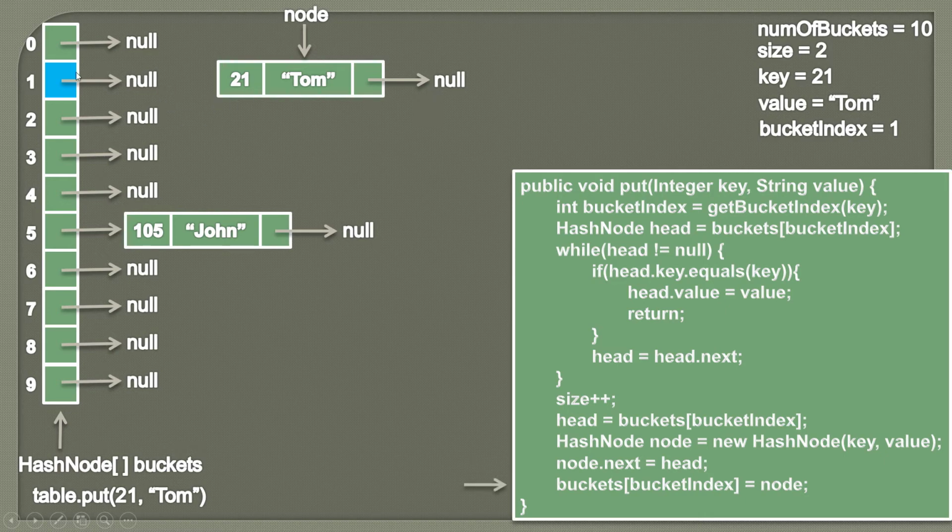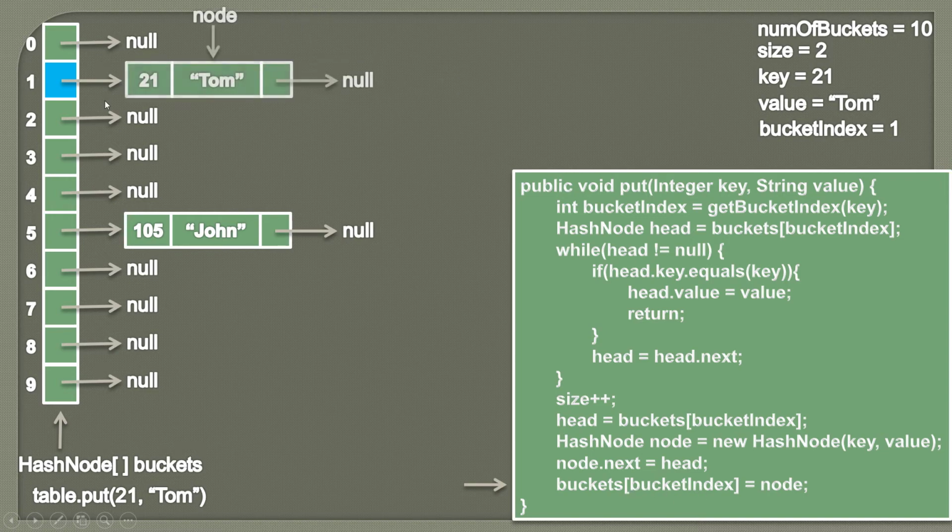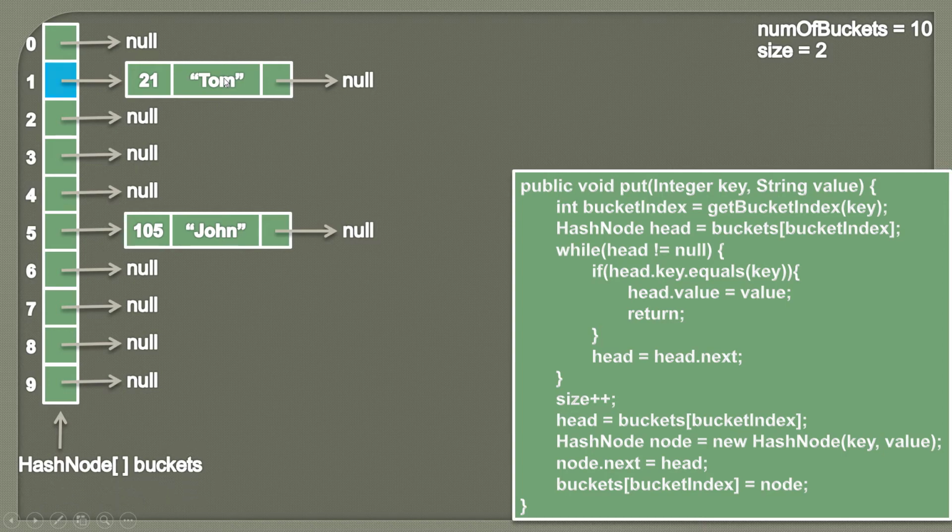And then we will simply add node into this bucket array by assigning the value of node at the bucket index. So it would look something like this. That now it will point to the node which we want to insert. So friends, here you can see that we have added 2 nodes now.